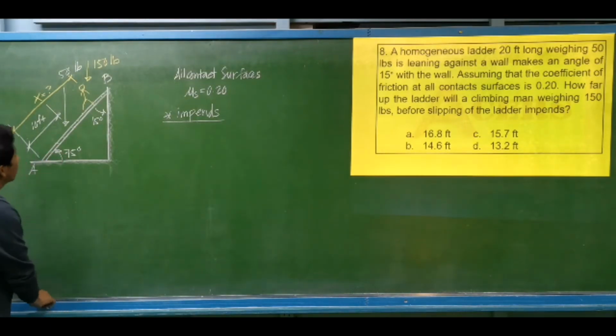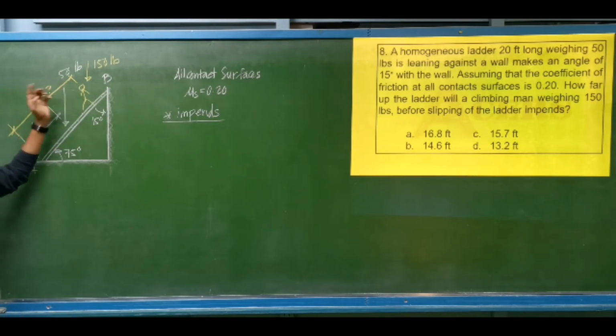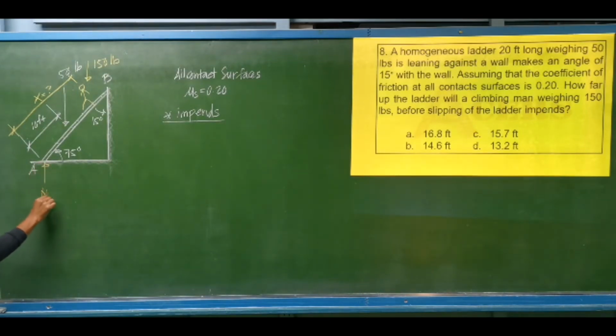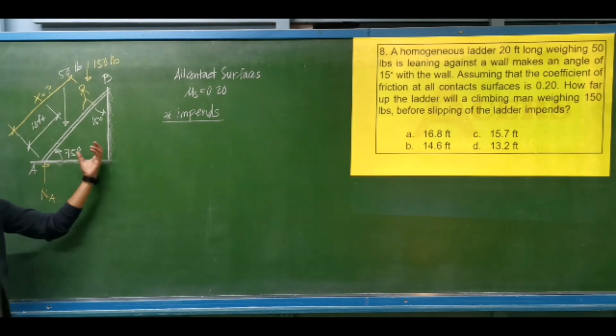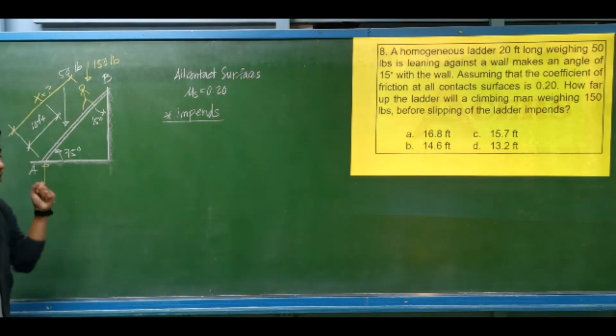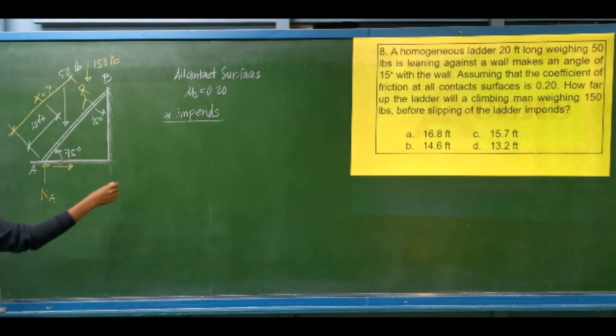So we now have the loadings: the self weight of the ladder and the weight of the man. Let us establish the support reactions. We have the normal reaction at A, so let's say this is N sub A. Since the ladder is about to slip, what is the direction of the frictional force at A? It should be inward, or to the right.